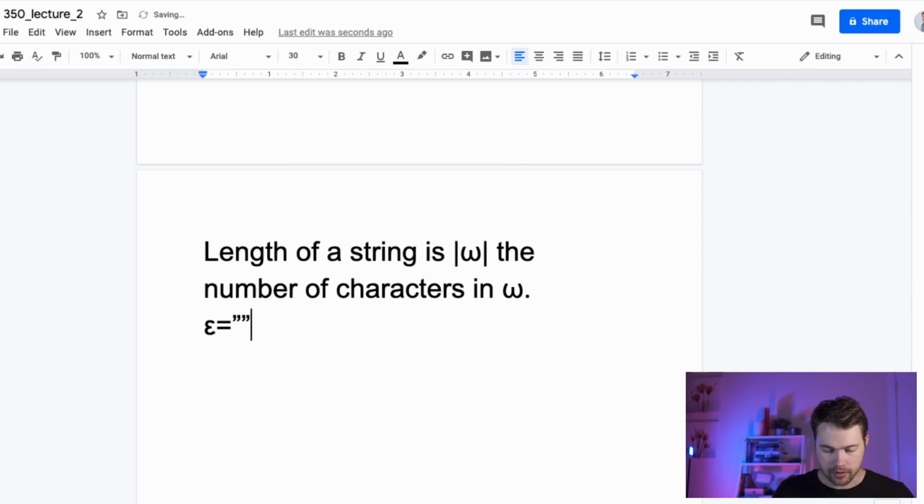And basically we can write it like two quote marks with nothing in between, which means it is still a string, but it contains no characters. And of course the length of that is 0. So the length of nothing is 0.